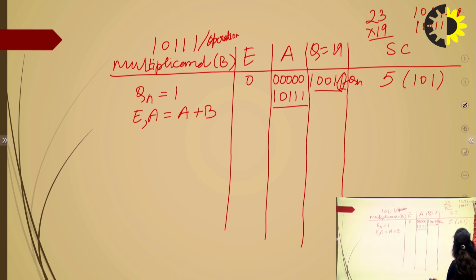This is our B and this is our Q. So after performing addition, what will we get? 1 1 1 0, binary addition, this.